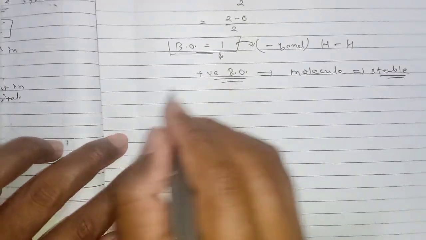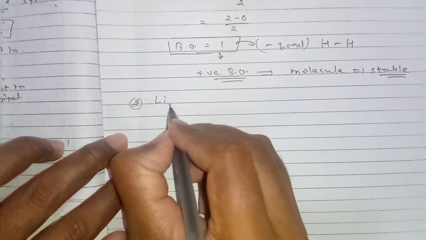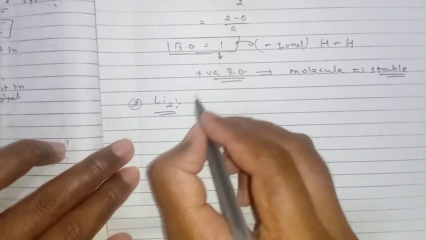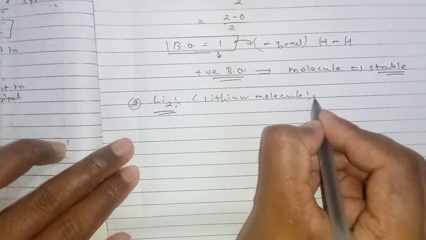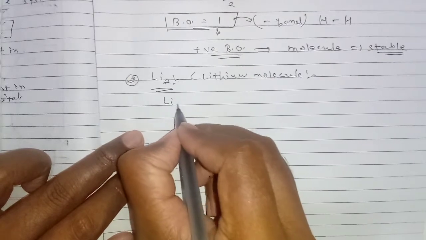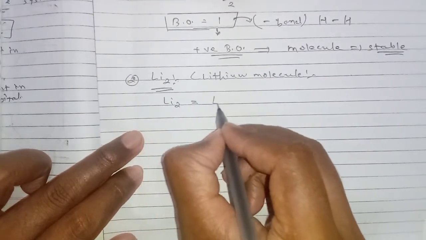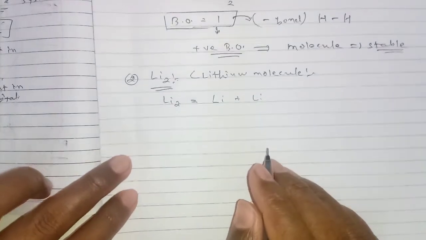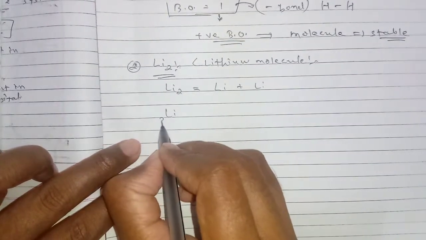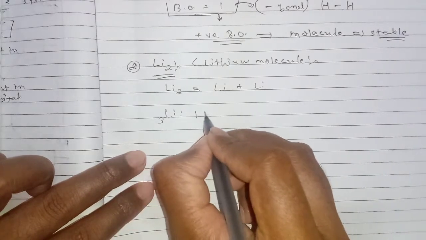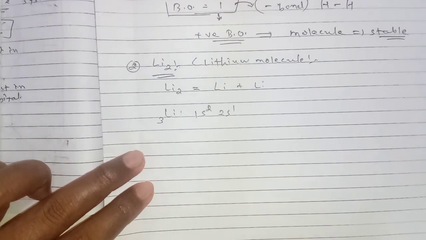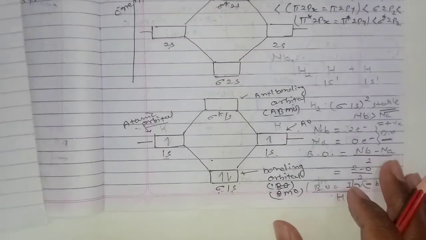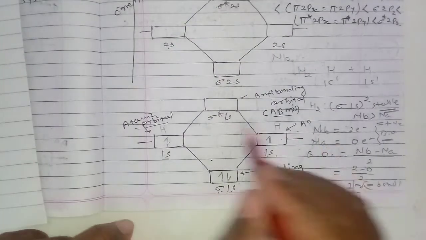Now let's see about the Li2 lithium molecule. The lithium molecule is formed by combining two lithium atoms. For lithium the atomic number is 3, so its electronic configuration is 1s2 2s1. Now here is the diagram.